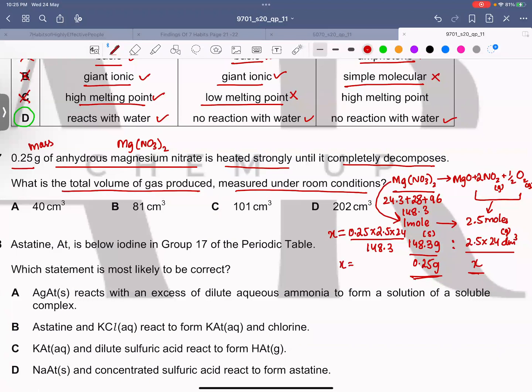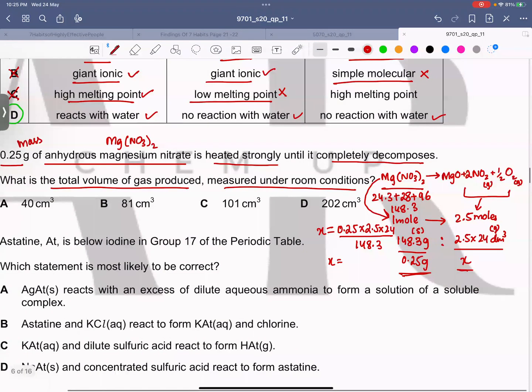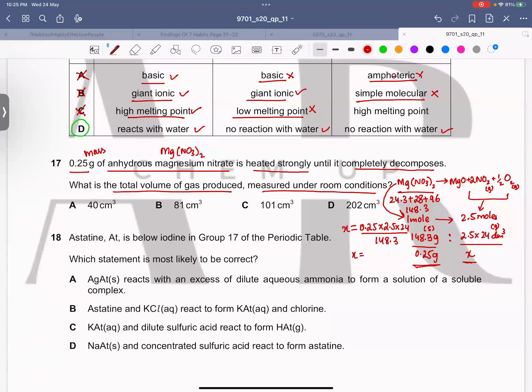Sir, 4.2 exponent 21. Can you do the calculation again? It could not be 4.2 exponent 21. Do it again. How are you getting exponent 21? There is not even a single figure that high, that much bigger.